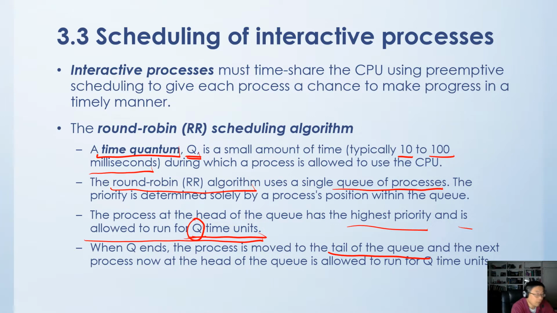Round-robin is pretty simple in terms of scheduling, but it switches processes at a very fast speed, typically many times in a second.